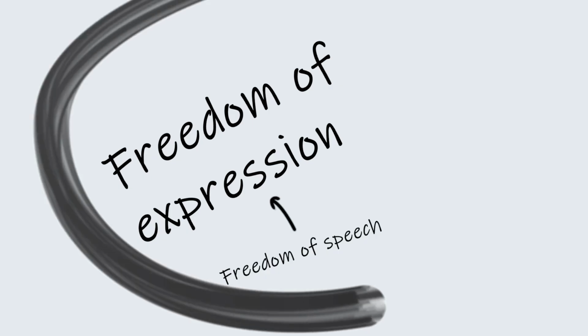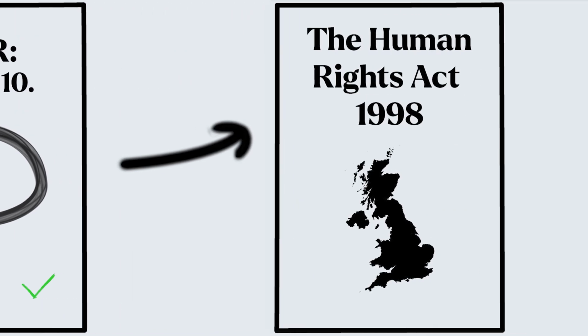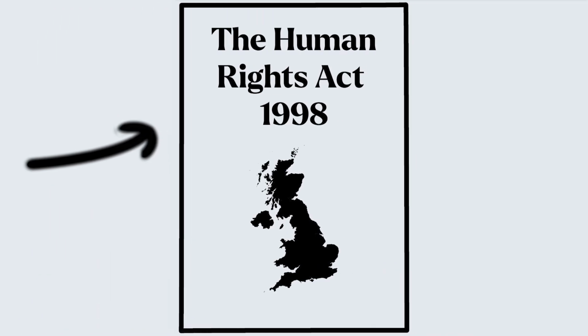Well, freedom of expression, which includes freedom of speech, is a fundamental human right that is legally protected by Article 10 of the European Convention on Human Rights. This is incorporated into the law of the United Kingdom via the Human Rights Act 1998.